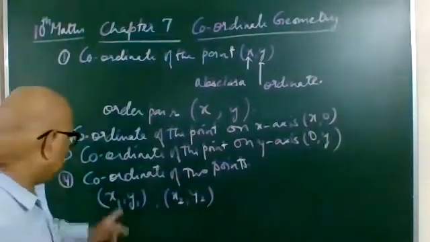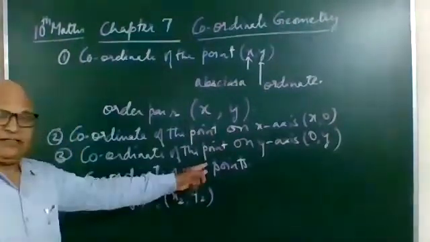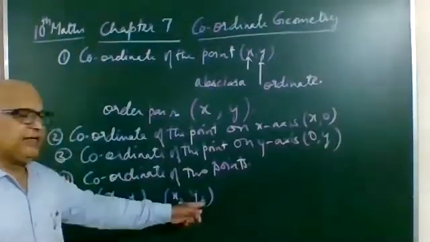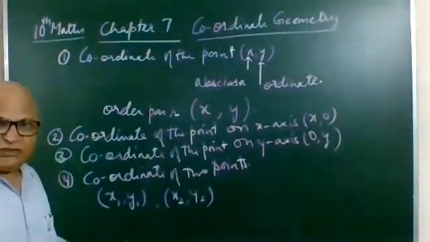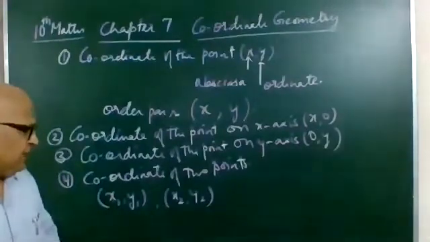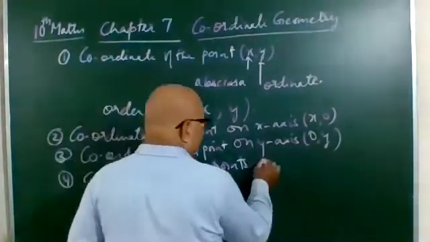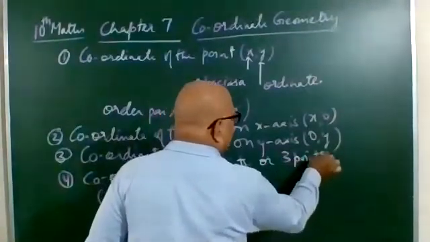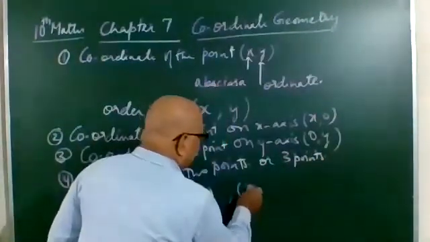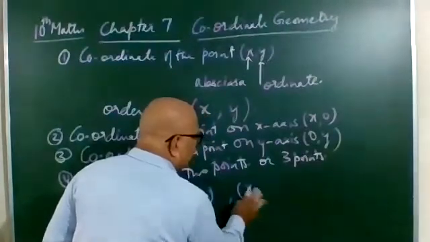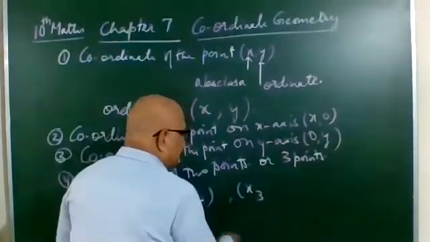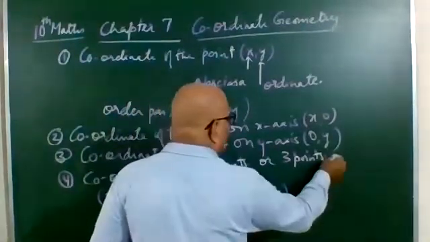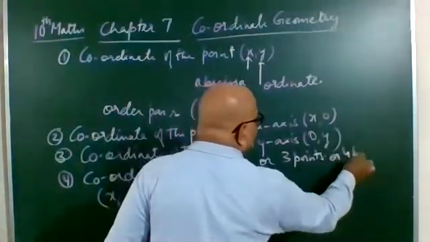So first will be x1, y1. Second will be x2, y2. Now 2 points or 3 points. 3 points, then x3, y3. 4 points or 4 points.